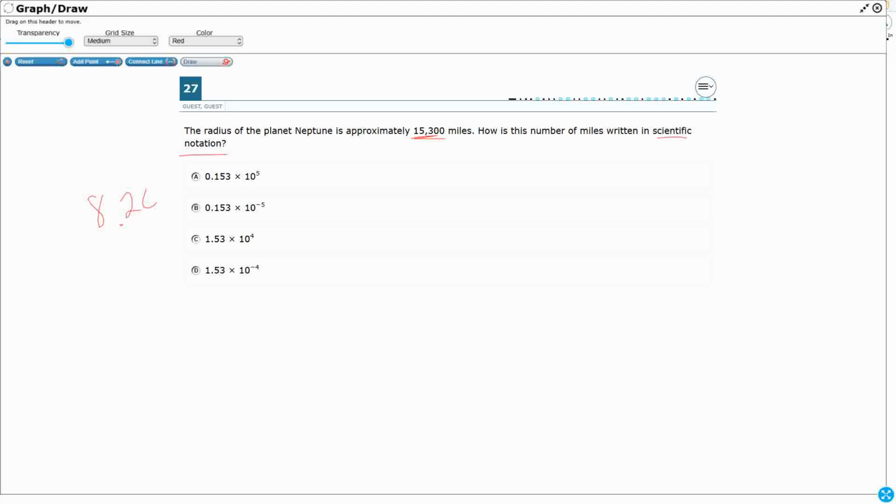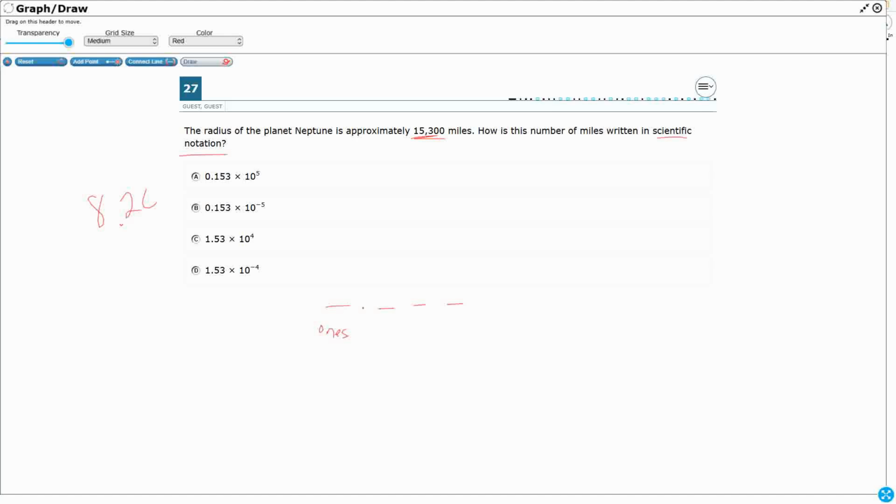Scientific notation is always a number between 0 and 10, or actually, between 1 and 10. So we need something in that ones place, and then we can have as many digits as we need in the tenths, hundredths, or whatever. But we do need something in that ones place that is greater than 0.